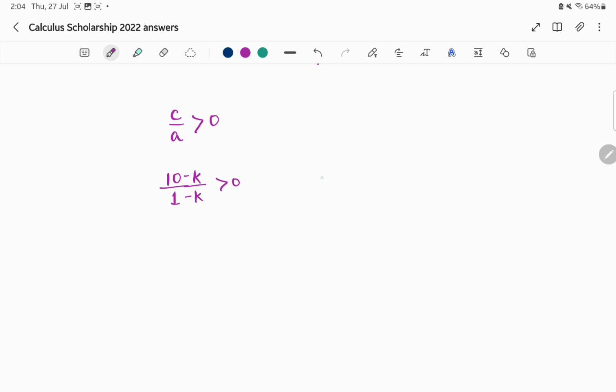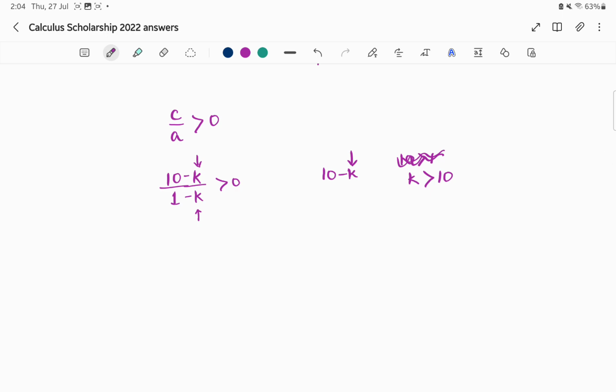So if on the top we have 10 minus k, if this k value is greater than 10, it's going to give us negative, right? And the denominator 1 minus a value greater than 10 is also going to give us negative. So both those values are going to give us negative.